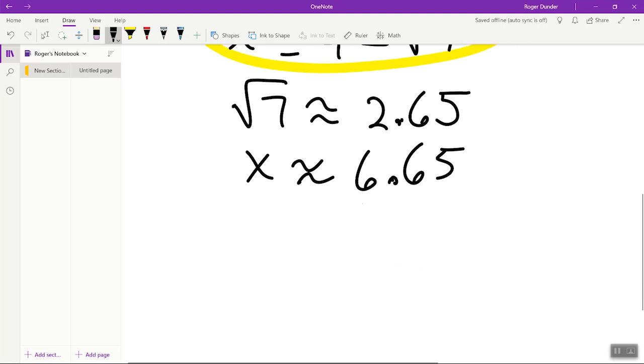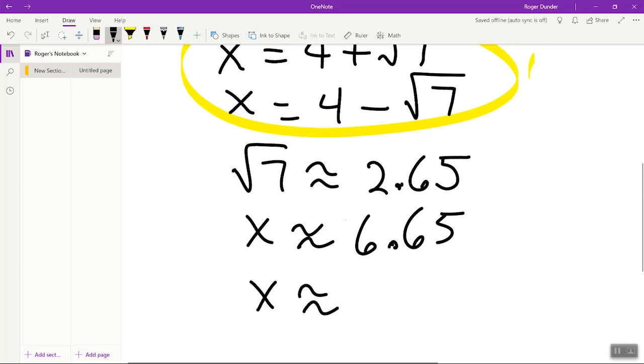And then the other answer would be x is approximately equal to 4 minus 2.65, which is going to be equal to 1.35, approximately.